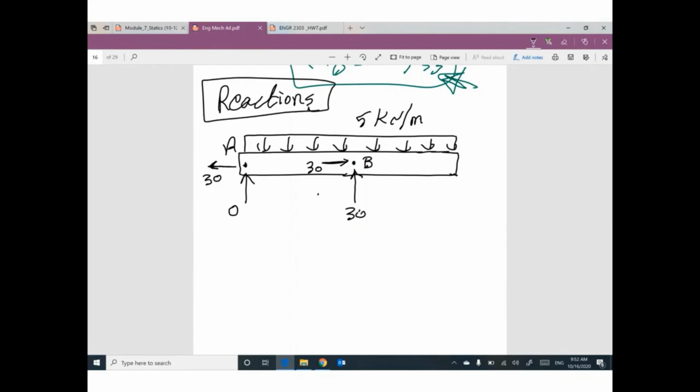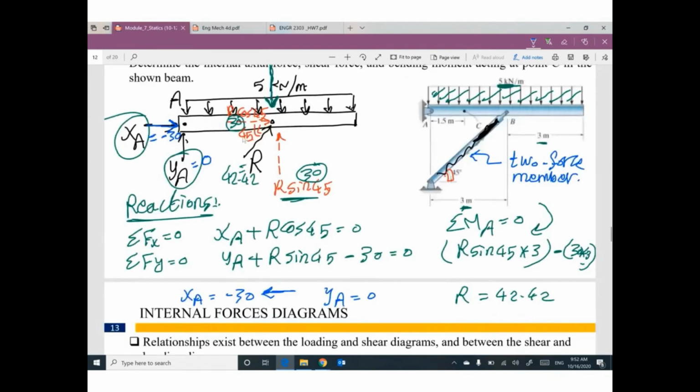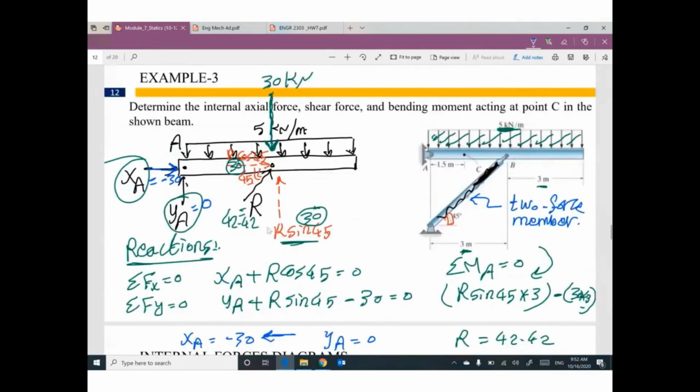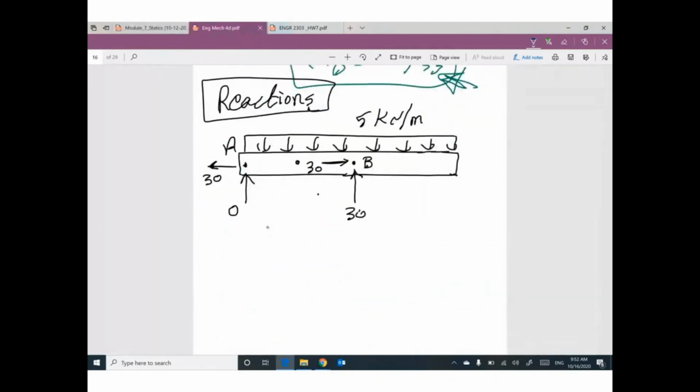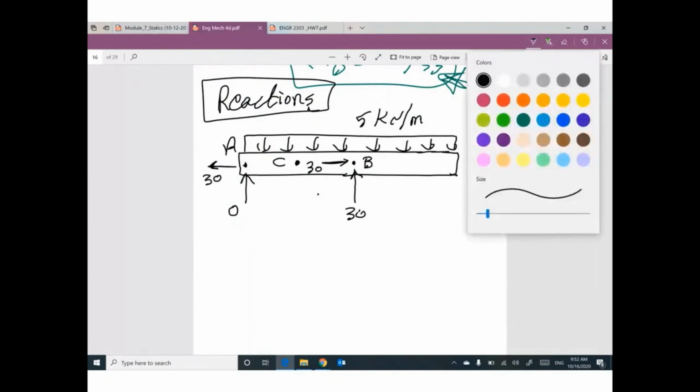I didn't read the problem. Okay, go back and read the problem. We are looking for axial force N, shear force V, and bending moment M at point C. Here is point C. What should I do as the next step?